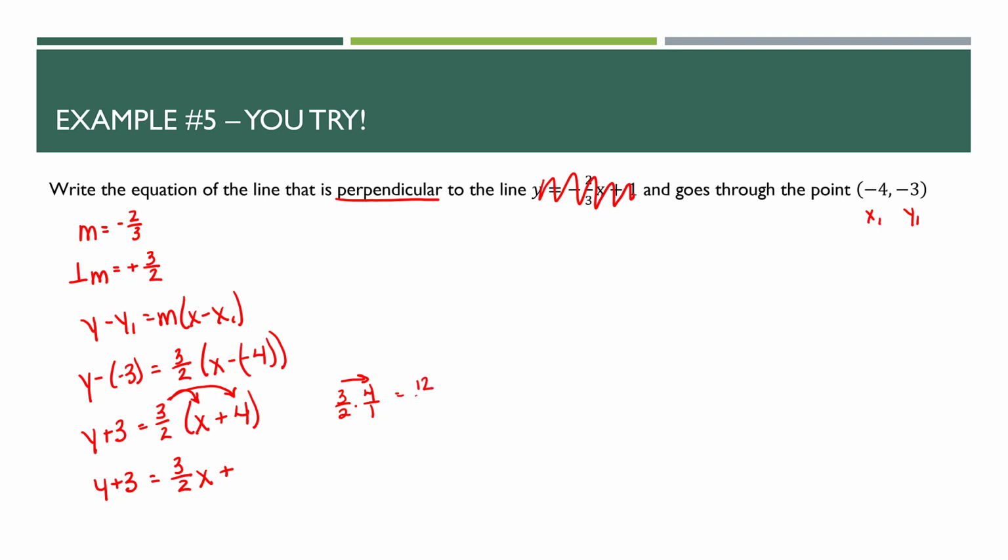Multiply across the top is 12, and multiply across the bottom is 2, and that will reduce to 6, plus 6. And then subtract 3 from each side. So my final equation, or the answer, would be y equals 3/2 x plus 3.